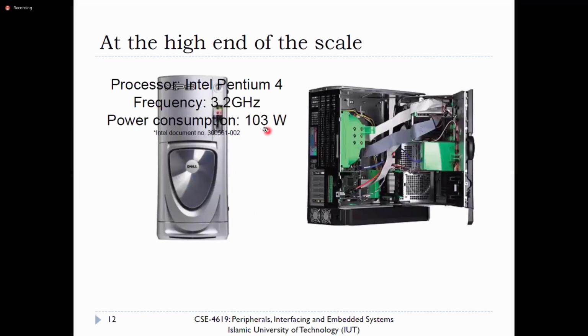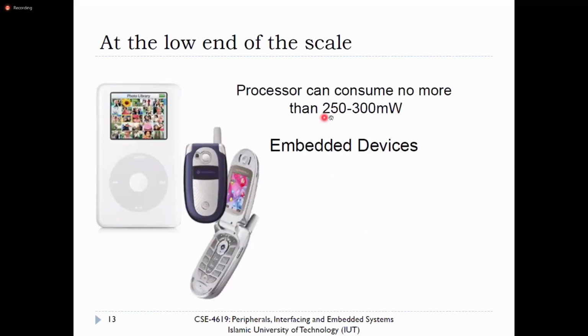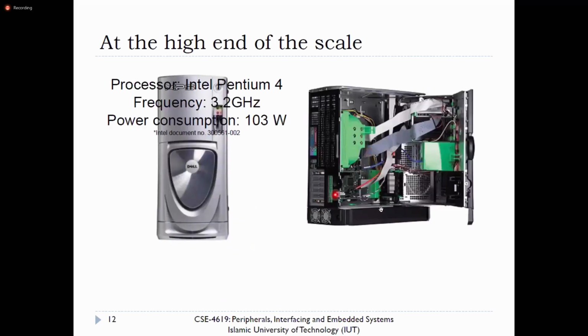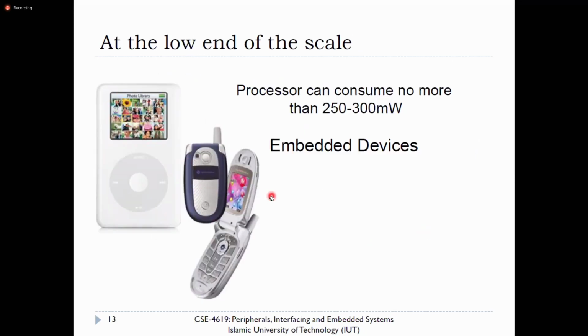Whereas the computer system requires 103 watts, the power consumption has been reduced to about one fourth of a watt, so 250 to 300 milliwatts. PCs were not of interest to the mass of people at that time; the mass interest was in these sorts of devices, and huge revolutions have been made on them.